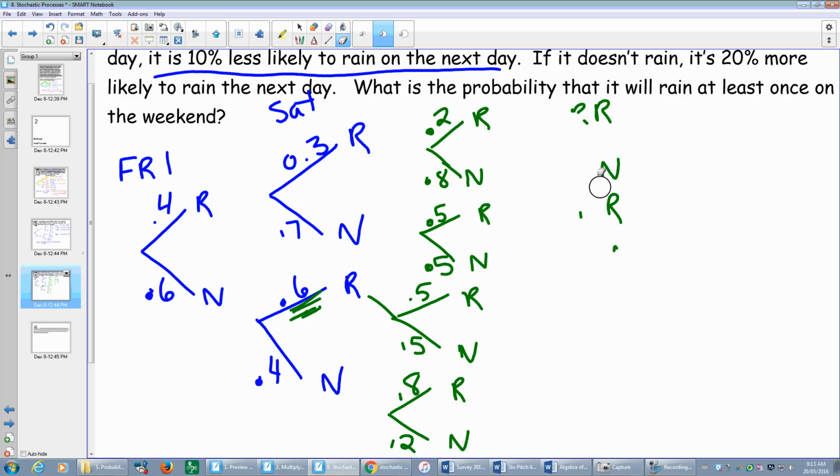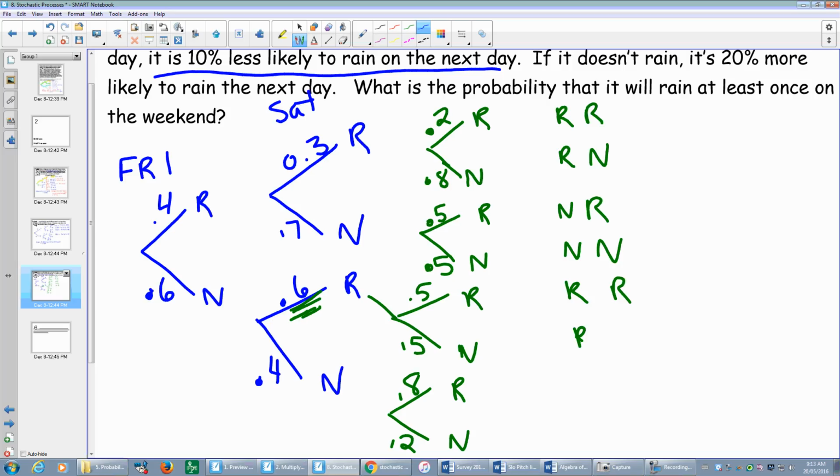On the weekend, this is a part that I'll clarify: we consider Friday to be part of the weekday. Our weekend is Saturday, Sunday for most of us. So I'm just looking at Saturday, Sunday. So I have here rain, rain, rain, no rain, no rain, rain, no rain, no rain, rain, rain, rain, no rain, no rain, rain, and no rain, no rain. So there's a lot of probabilities here.